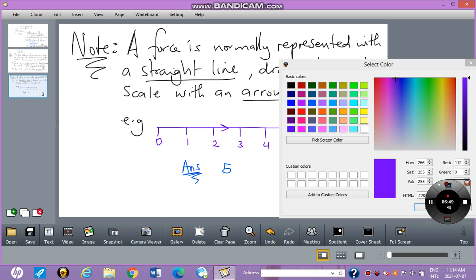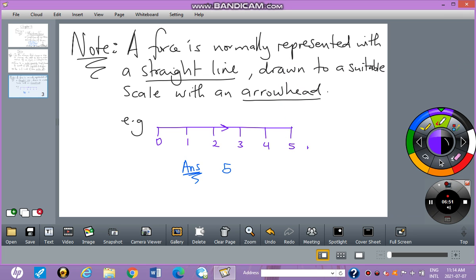Let me say these are meters. So I have 5 meters, and the direction is indicated by the arrow, which is basically to the east. That means I have the magnitude over here, and I have the direction right there. So we have both magnitude and direction, represented with a straight line.